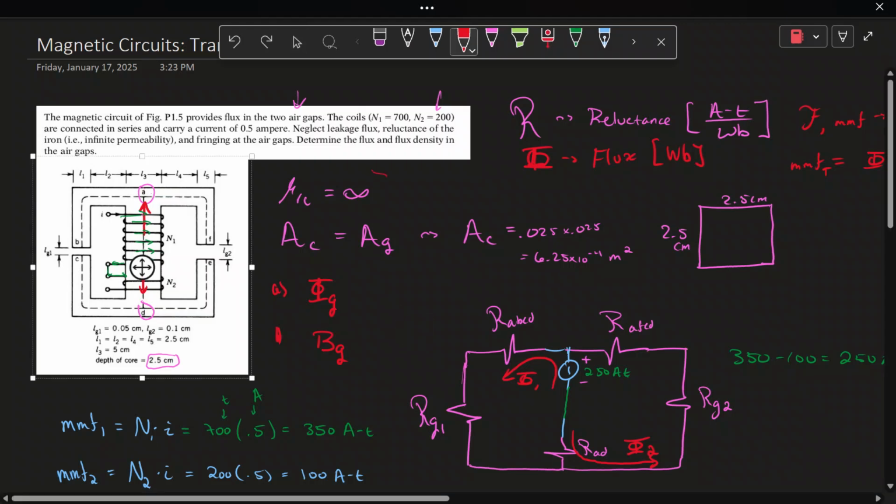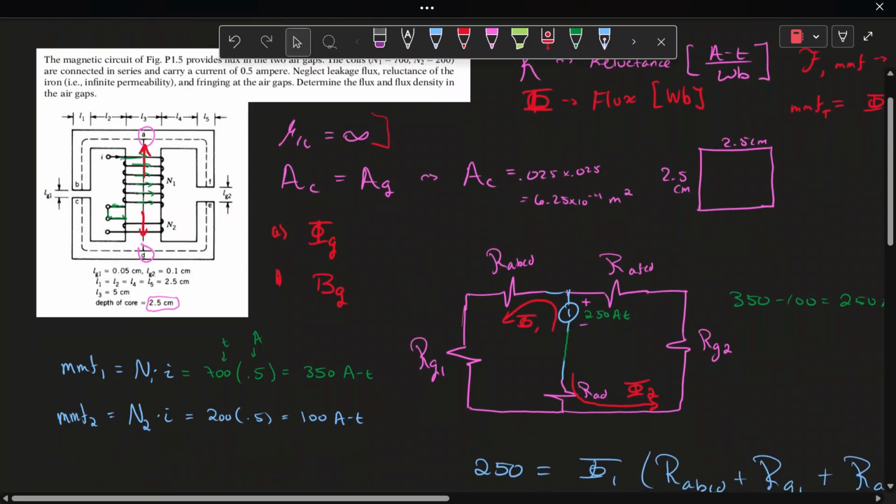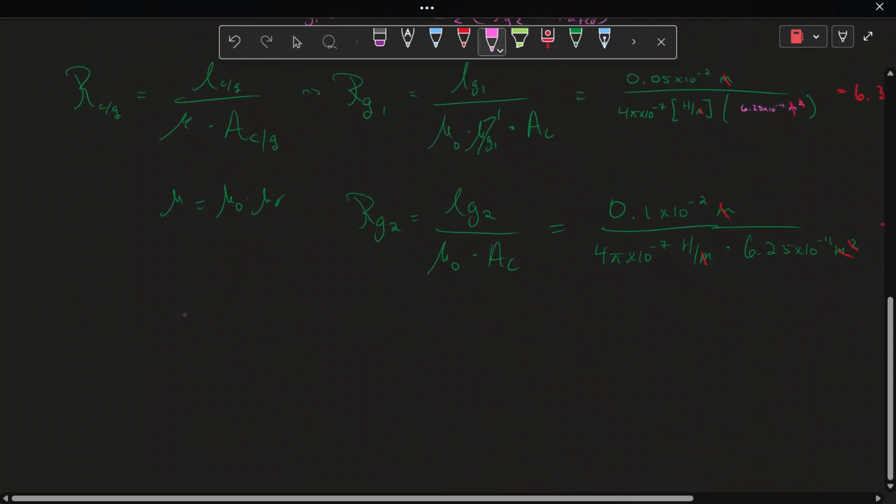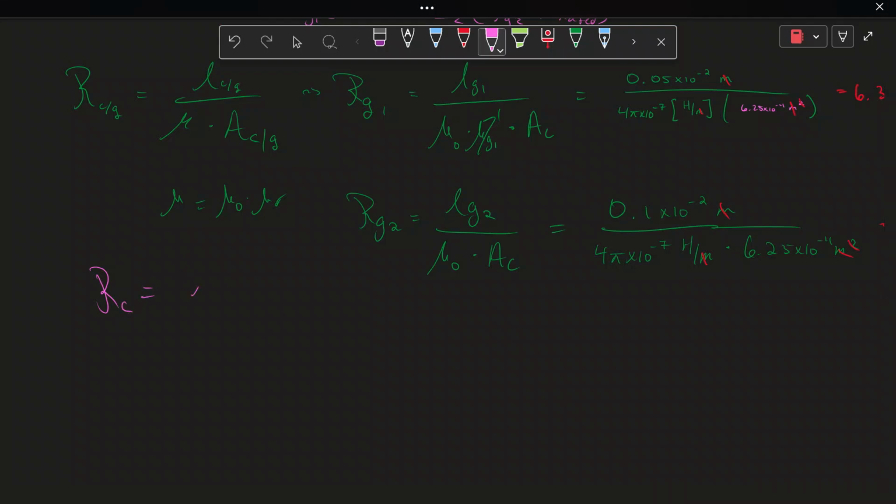Well, it gives us the relative permeability of the core is infinity. And the reluctance of the core is equal to length of the core divided by mu naught times relative permeability of the core times the area of the core. If this is infinity, we get a reluctance of the core to be 0.